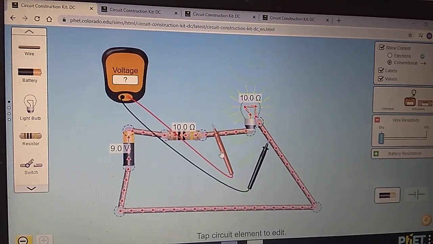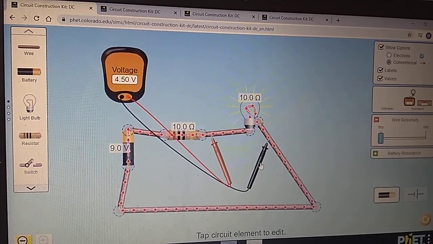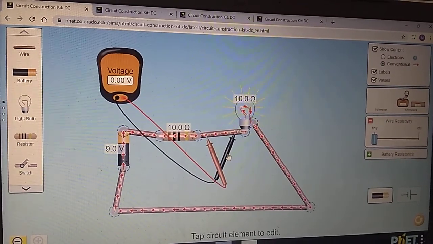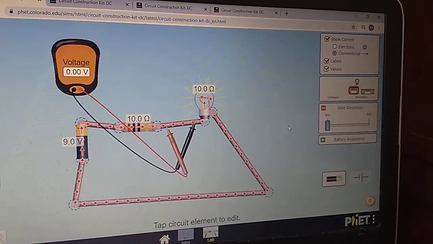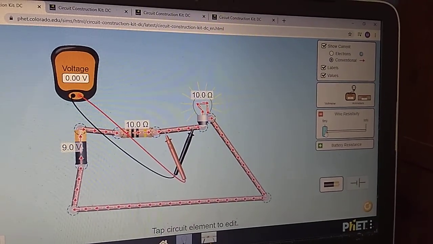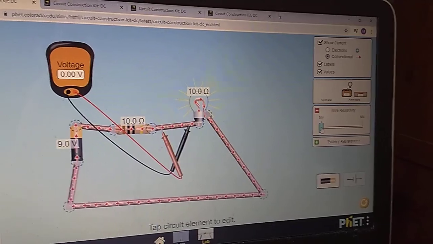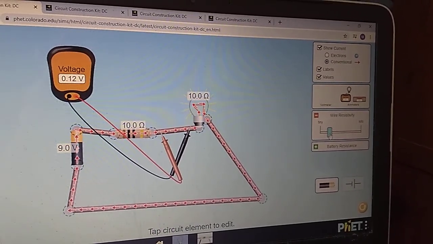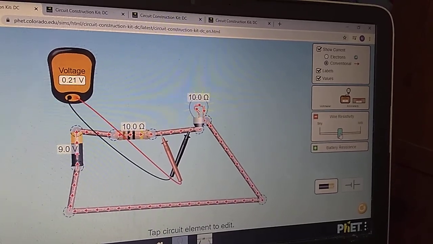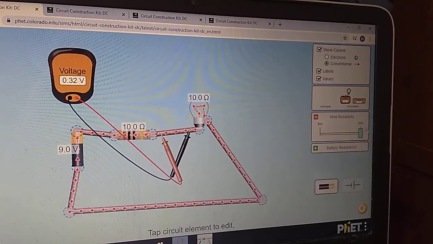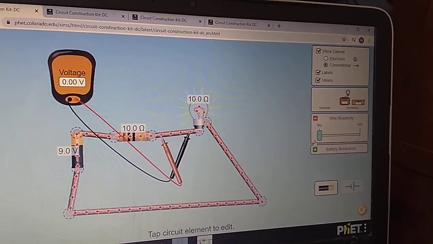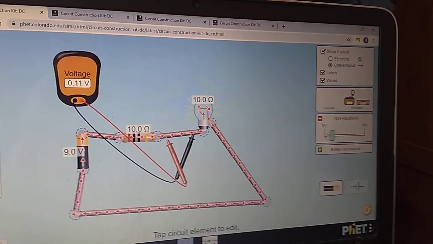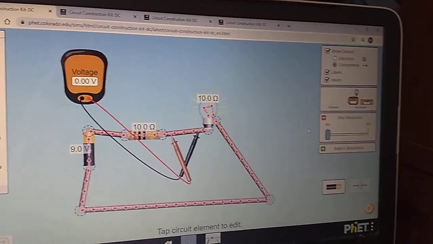If I just put it across the wire itself, you might say, wait a sec, there's no voltage drop there, it's zero. If I go over here to wire resistance and take it from tiny, or basically zero, and increase it, you see that you get a slight voltage drop from the wire itself. You can increase that. So wires can also have a voltage drop associated with them.